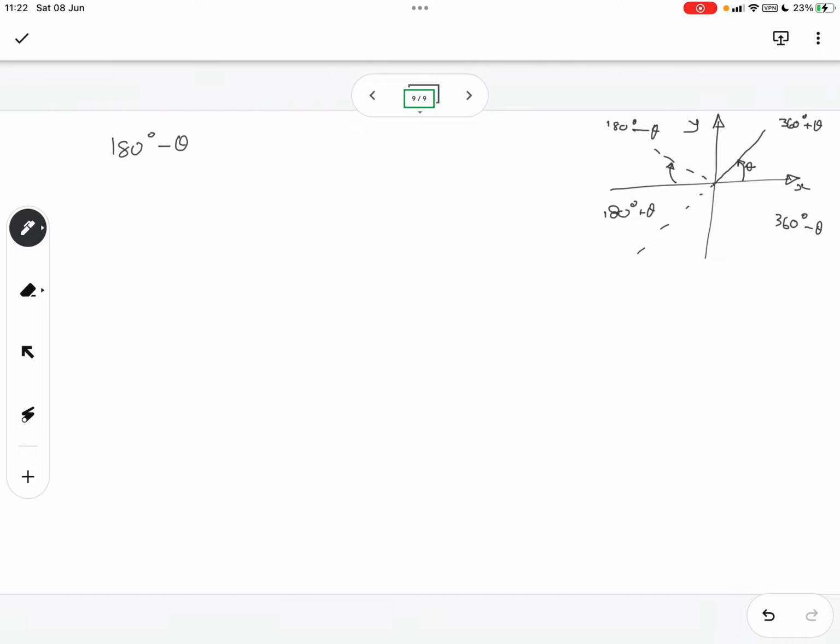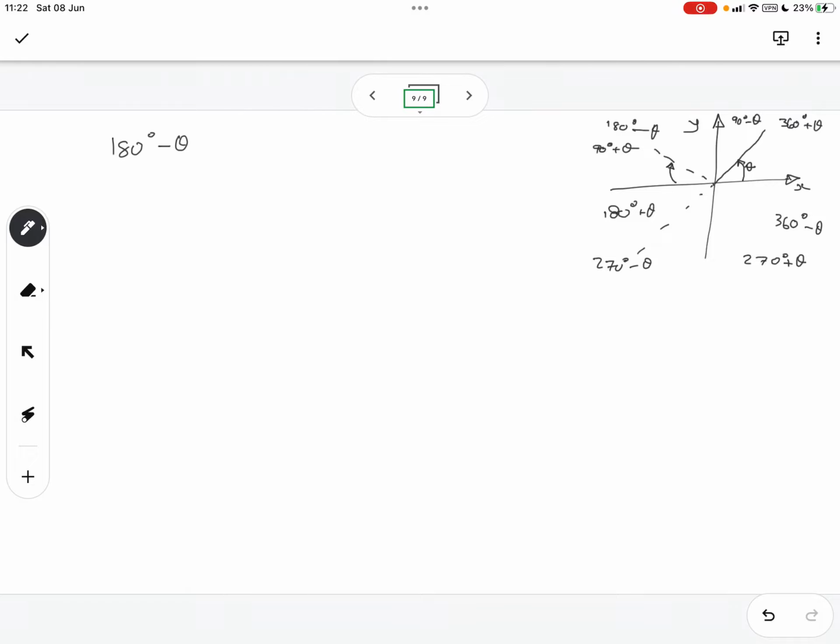And if we have 180 degrees plus theta, then we are somewhere here. And here we can have 360 degrees minus theta. And this side we can have 360 degrees plus theta.